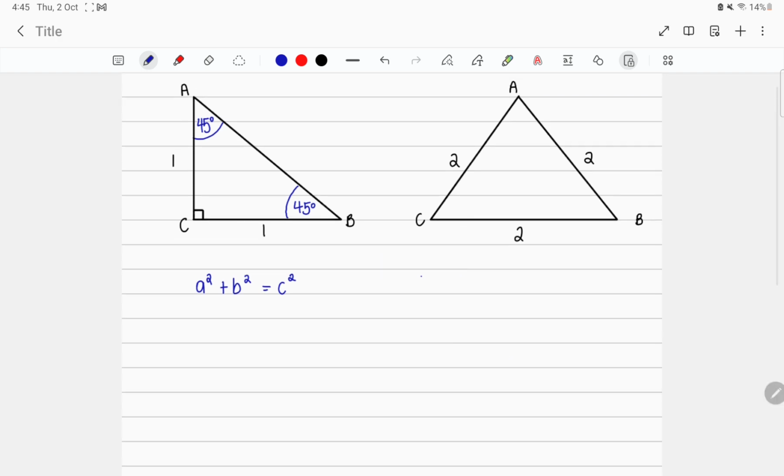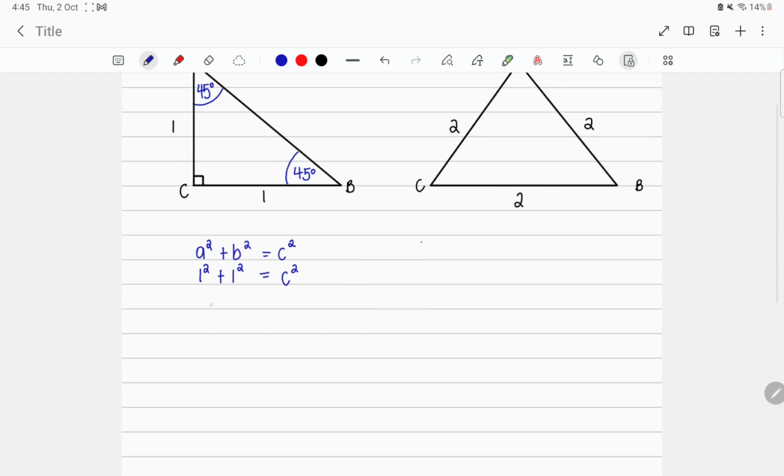So if the two short sides each measure 1 unit, then the hypotenuse would be 1 squared plus 1 squared equals c squared. 1 squared is 1, so we have 1 plus 1 equals c squared.